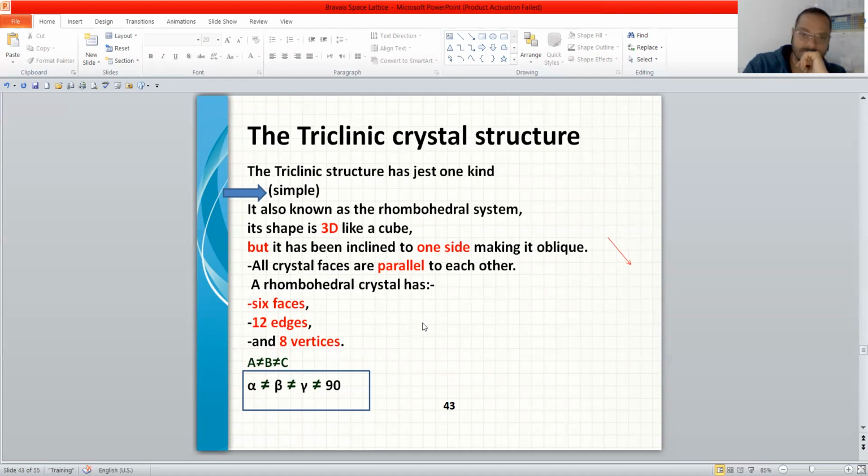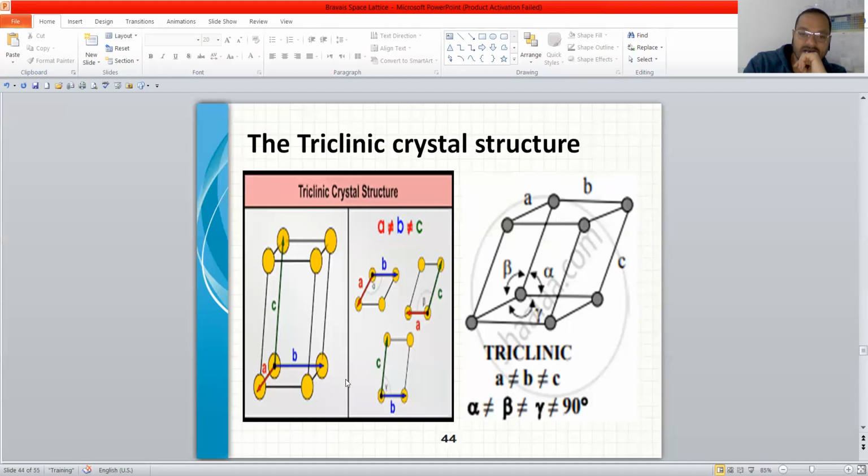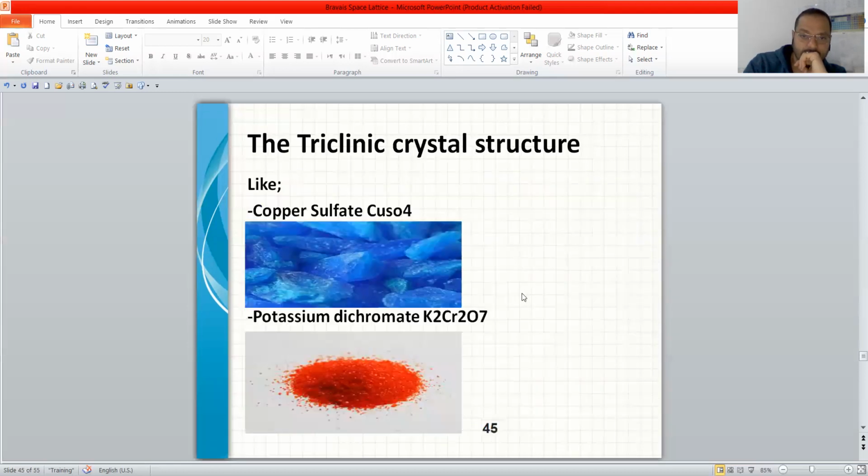This is the simple one. Here, all these 3 angles are different. We can take an example that illustrates the situation: simple triclinic crystal structure. Copper sulfate is a good example, and potassium dichromate.